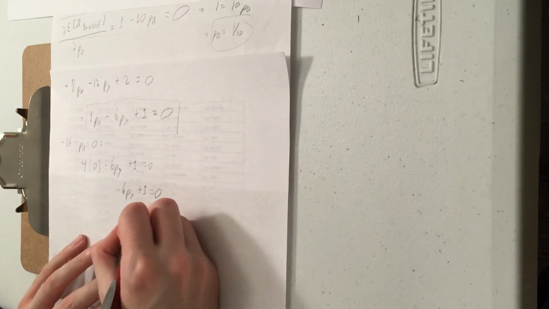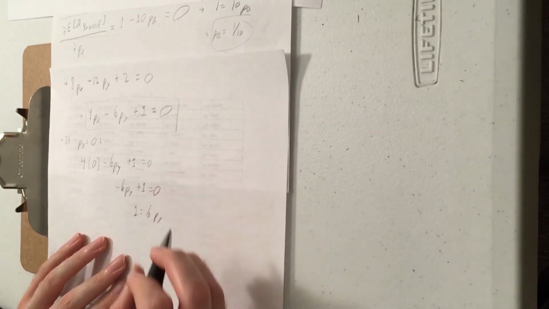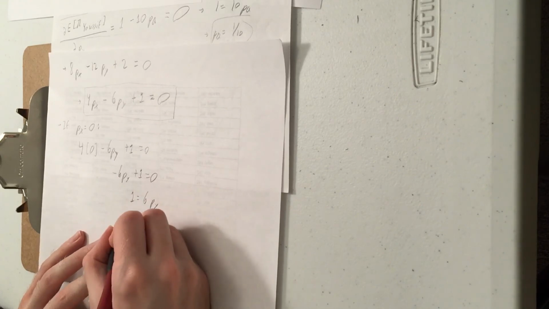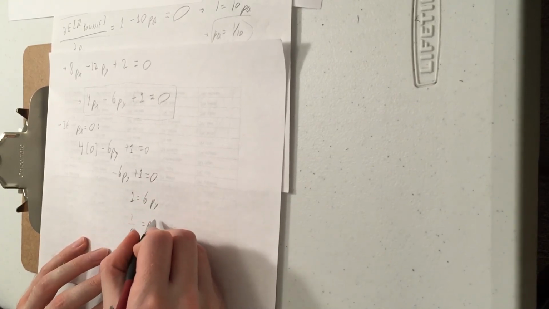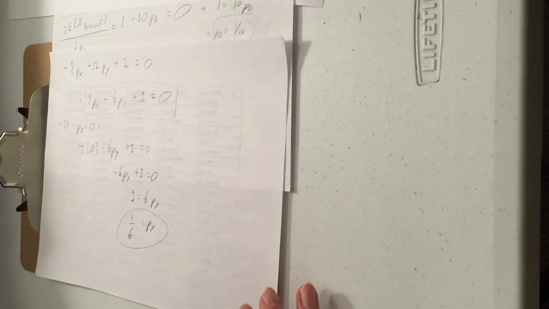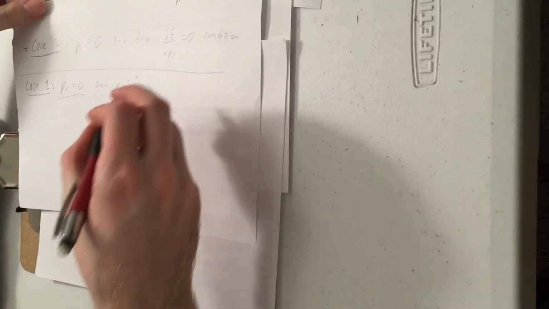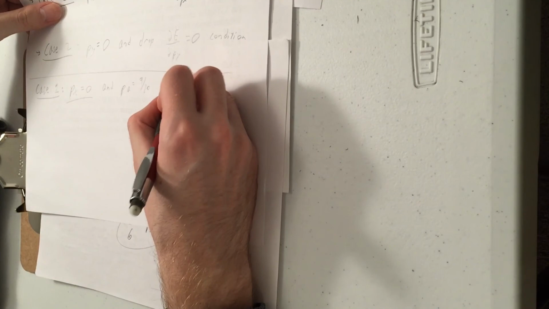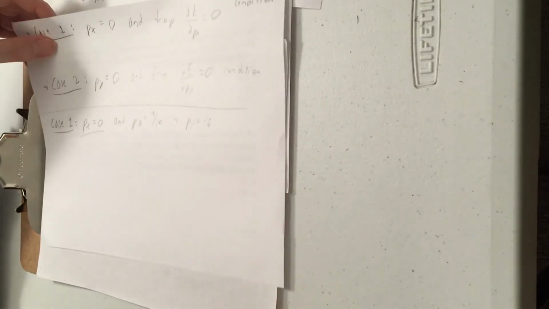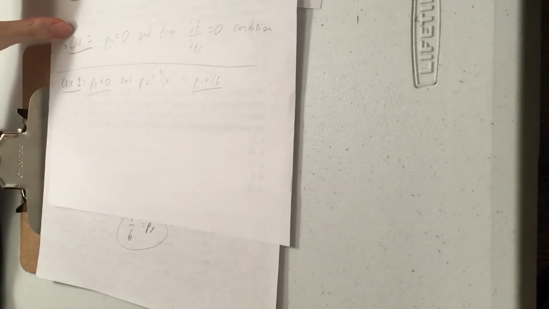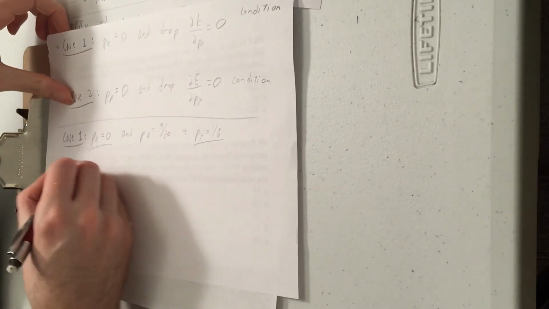So I get 1 equals 6 times py, which means that 1/6 is py. So that worked out nicely. That's case 1. Now we'll verify case 2.